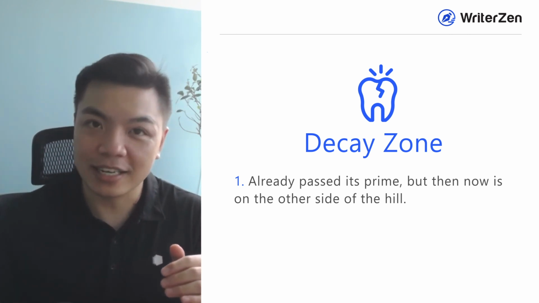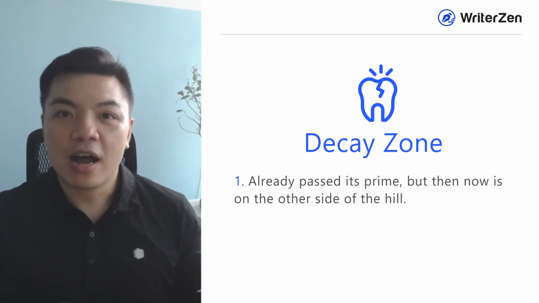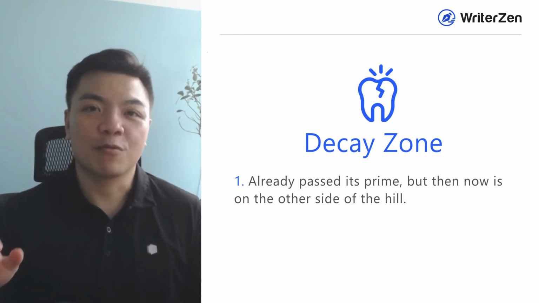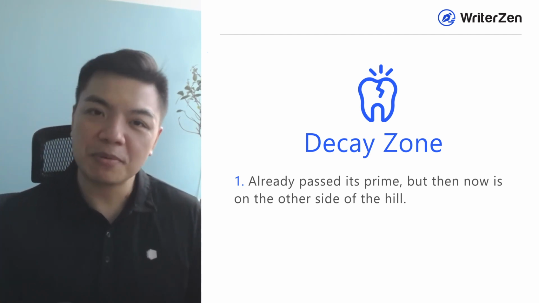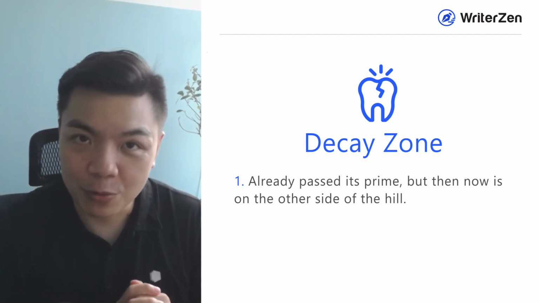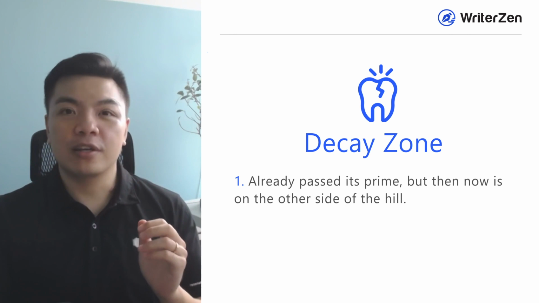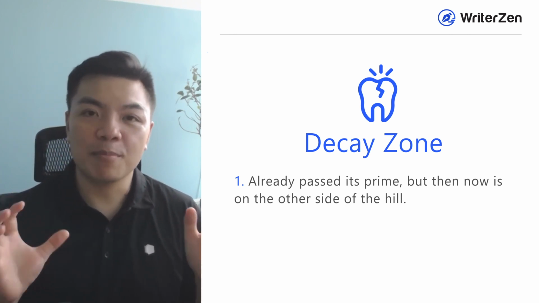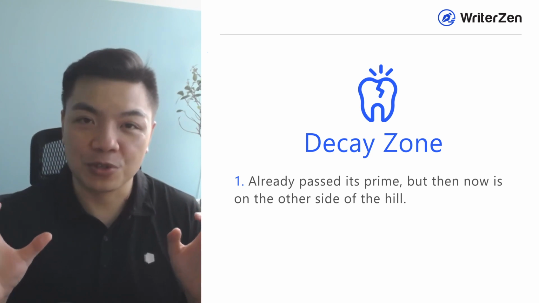It's decaying. For example, PS5 in 2020 was once a really hot keyword, and every single website tried to rush to rank for it. Yet after 2020, PS5 is no longer a hot thing, and it has become a keyword that belongs in the decay zone.